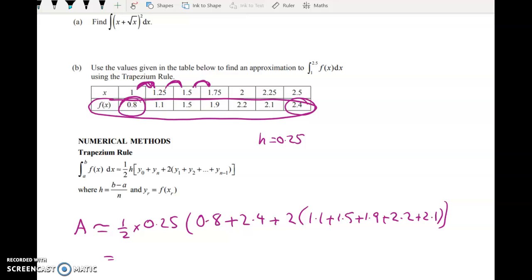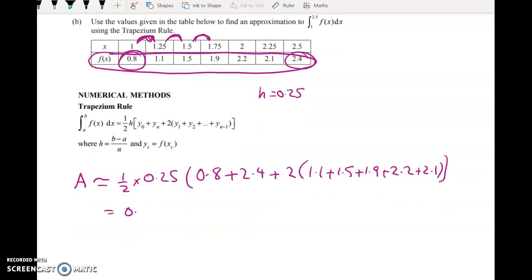And when you chuck all of that into your calculator, you get 1/8, or 0.125, times, what does it work out to be? I think it was 20 point something. I'll just check notes for a second. Yeah, so all of this works out to be 20.8, giving me a final answer of 2.6.